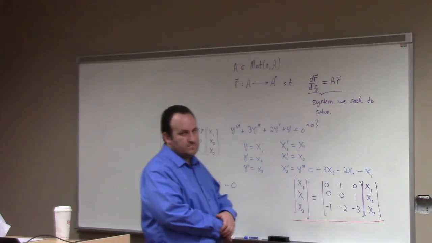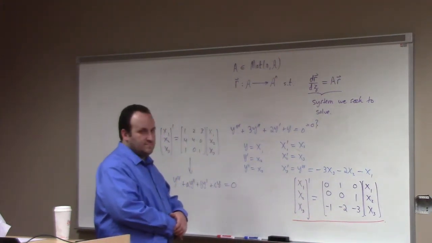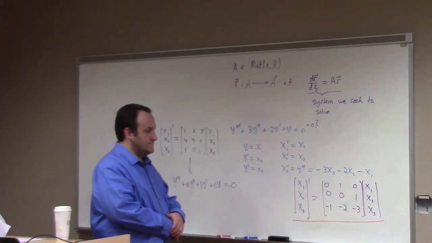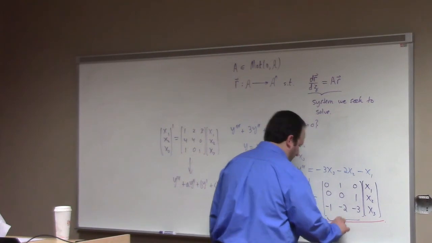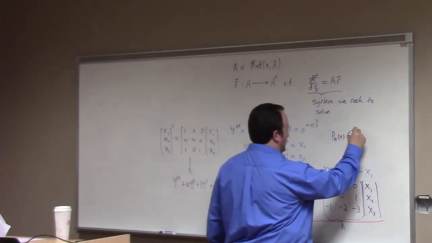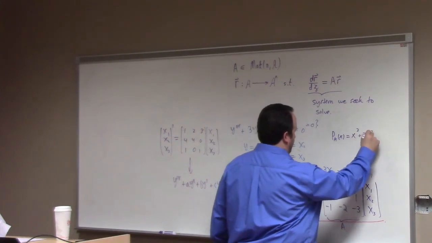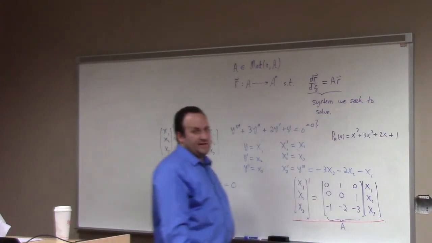Oh, aren't the roots in the bottom right there? Negative 1, negative 2, negative 3. So if this is A, then p_A of x is actually equal to x cubed plus 3x squared plus 2x plus 1. That is not an accident.